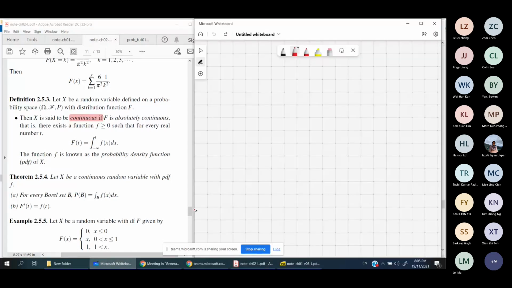So X is continuous provided we have a non-negative function f, and secondly, the distribution function is given like that.